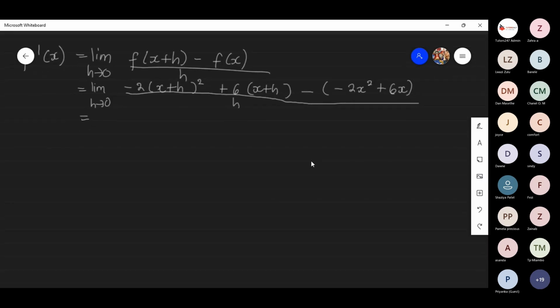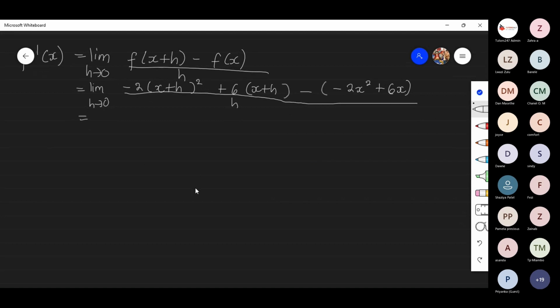From here, all we are going to do is simplify our numerator. So we repeat our limit part, and then we have negative 2x squared minus 4xh minus 2h squared plus 6x plus 6h plus 2x squared minus 6x, and that is all over h.